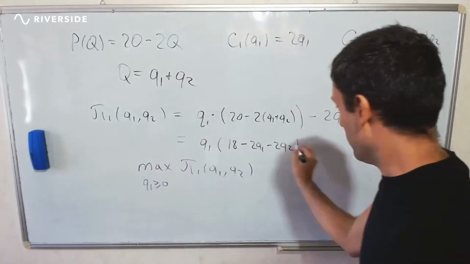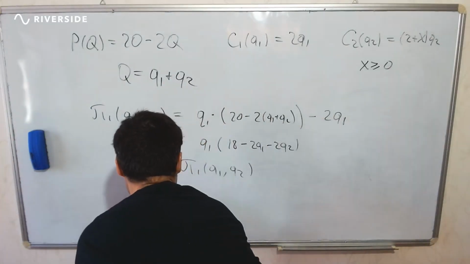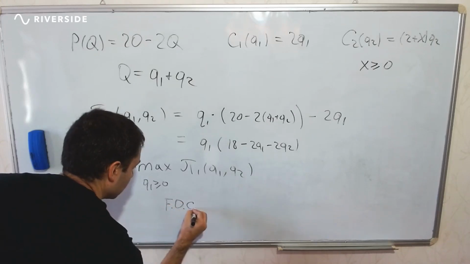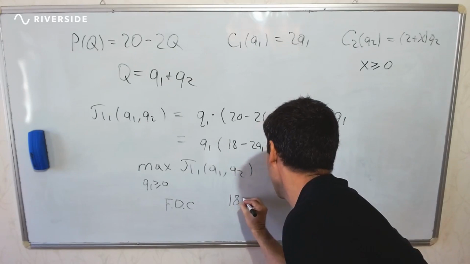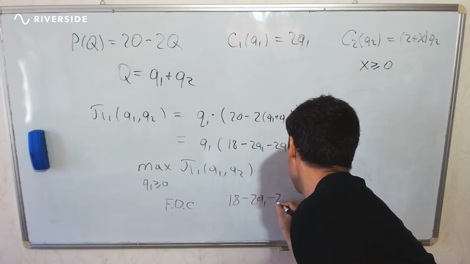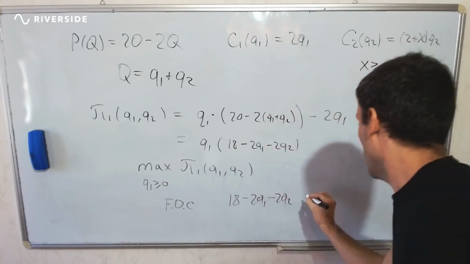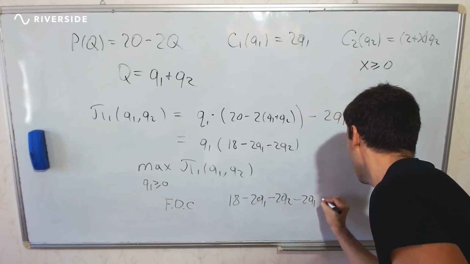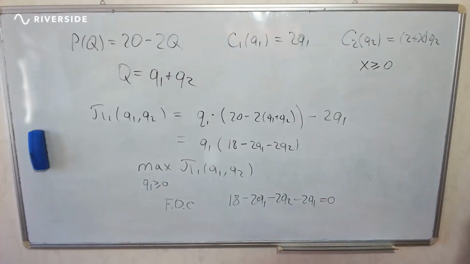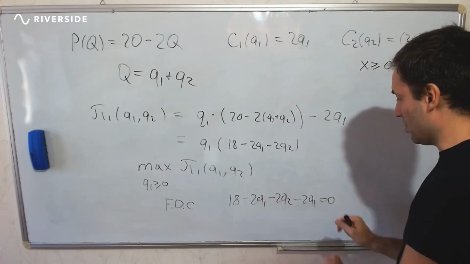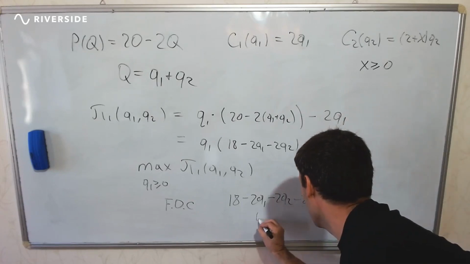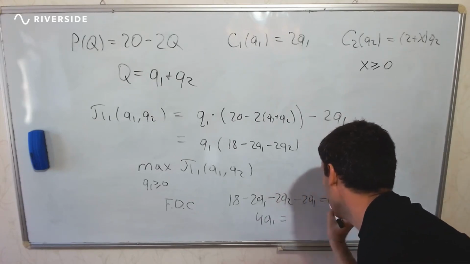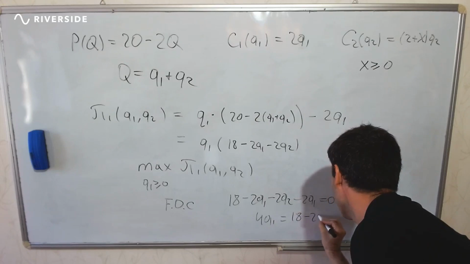For that, we'll take a derivative of the profit function, so find the first order condition, which will be 18 minus 2Q1 minus 2Q2 minus 2Q1. We set it equal to 0 and solve it such that Q1 is on one side and everything else is on the other side. So it will be 4Q1 equals 18 minus 2Q2.